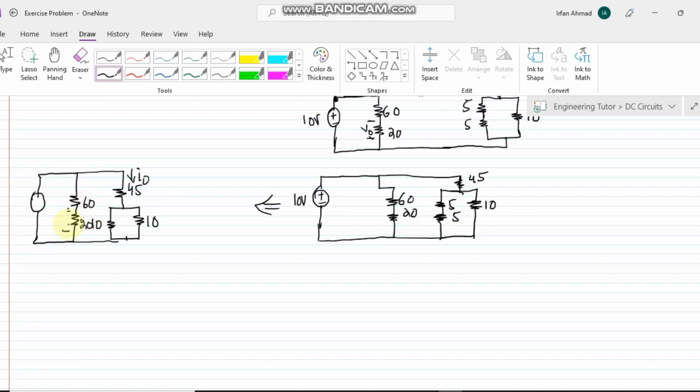Okay, and the value here is V naught, that is the 10 volts source.